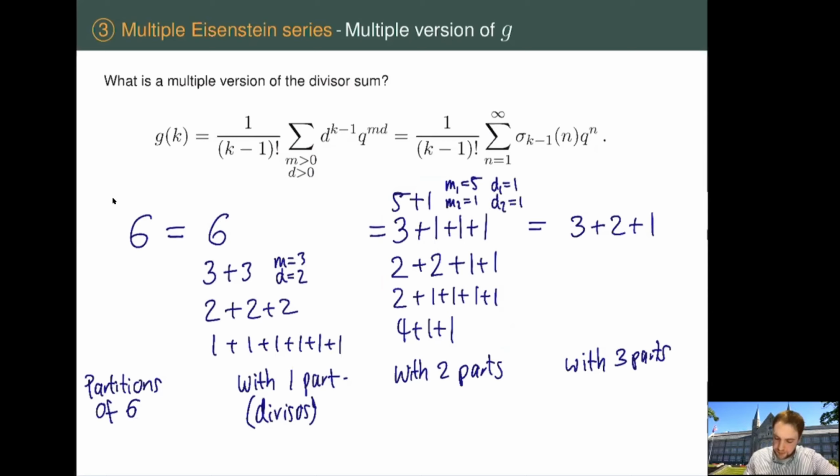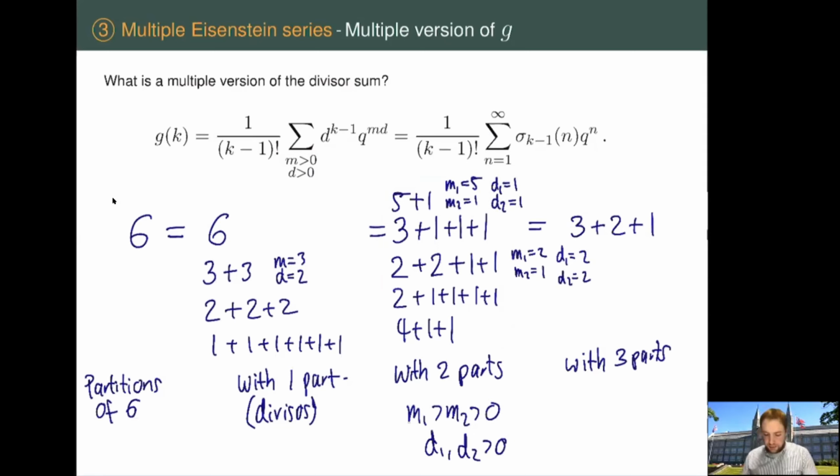But for example, here M1 is 2 and M2 is 1 and D1 is 2 and D2 is 2. So I will always have an ordered sum of these different parts, M1, M2, and I have some multiplicities which are not ordered. Okay, and with this interpretation, I hope now it's clear how we could generalize this sum.